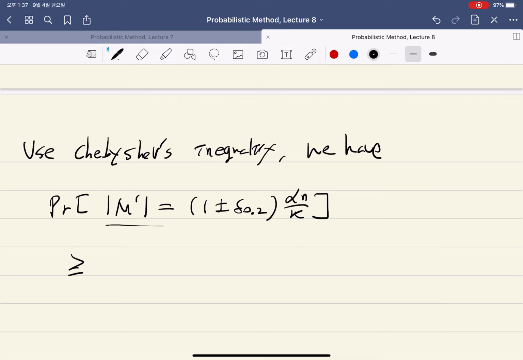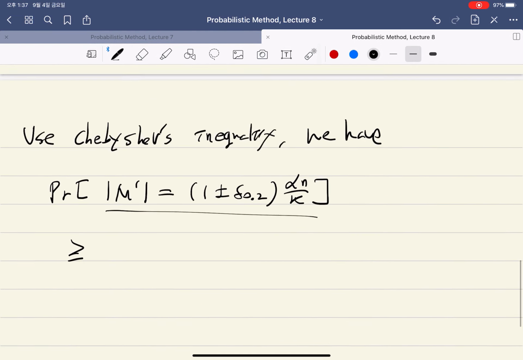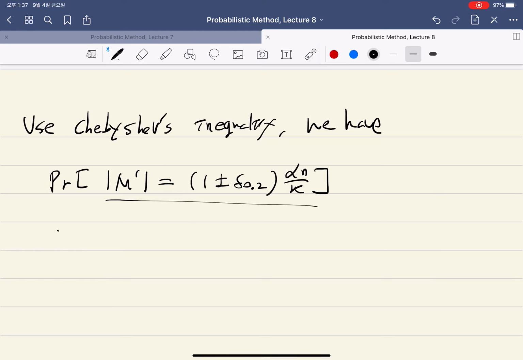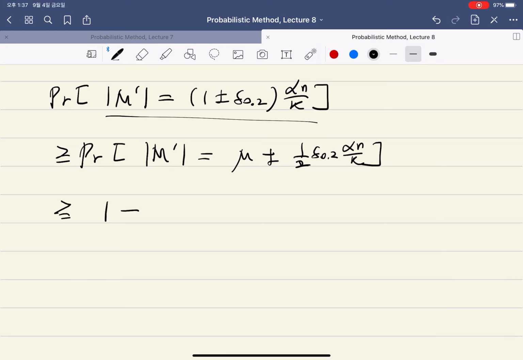This is the same as the probability, since we know that this is the expectation, so that's at least the probability that M prime is within mu plus or minus, let's say, half times delta sub 0.2 times alpha n over k. You can actually show that it's 1 minus, say, 4 over delta squared 0.2 alpha n over k.